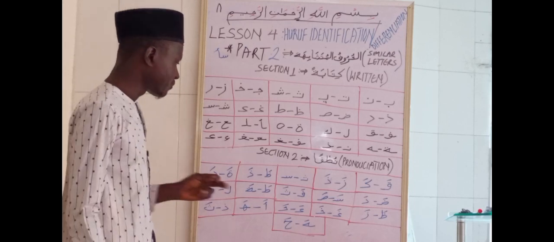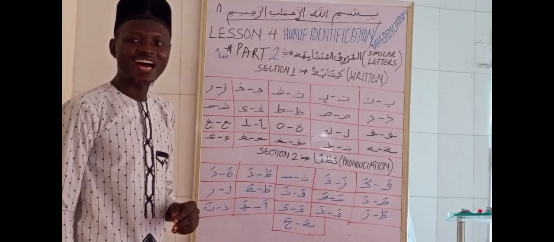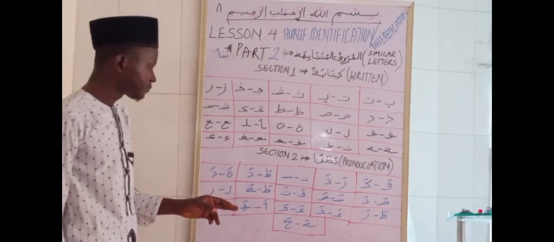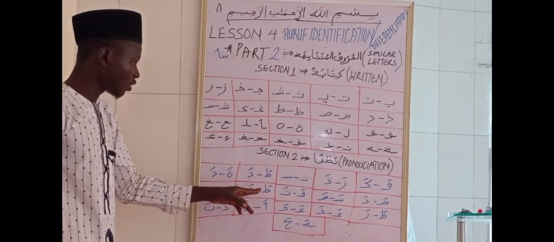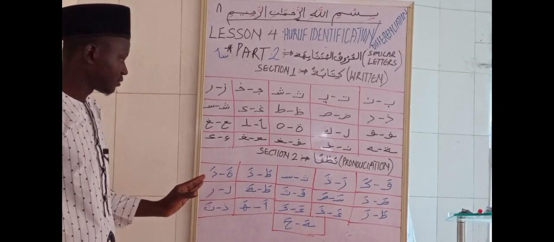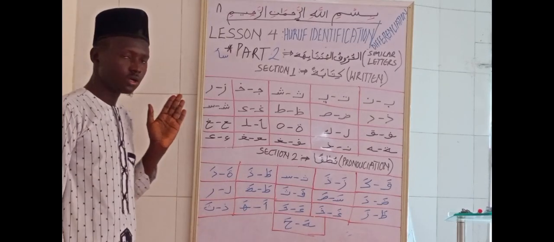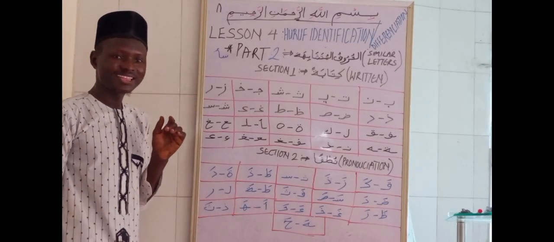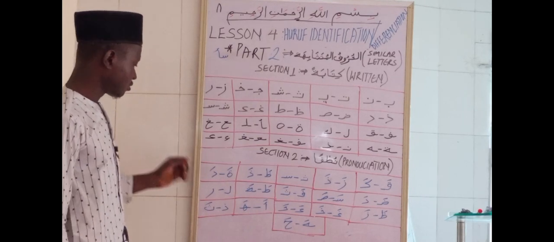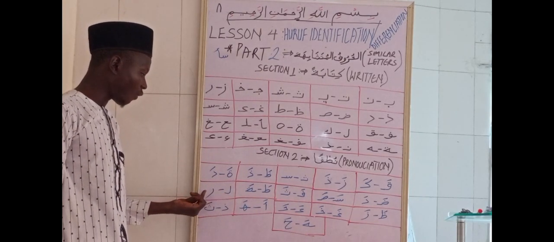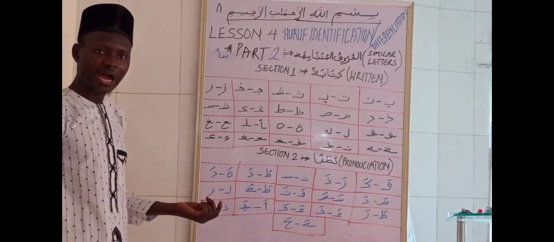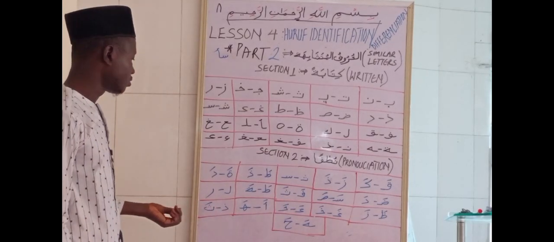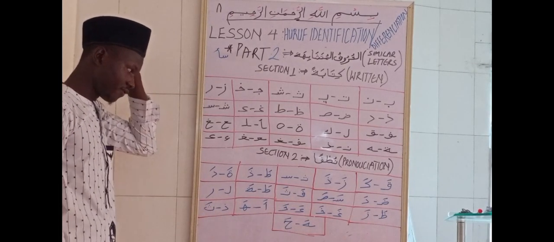Fa. But if it is Tha, okay? Ta, Ta. I've explained Ta and Ta, they are from the same articulation. Okay? This one, Lam, Ra. Okay? They are also very, very close.